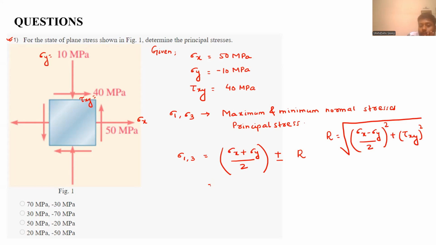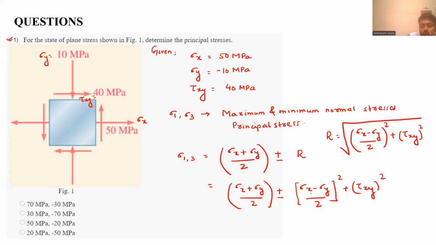And so let us substitute here. So what we will get: sigma x plus sigma y by 2 plus minus sigma x minus sigma y by 2, and this will be whole square plus tau xy whole square under the root.